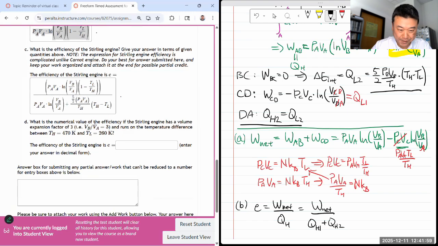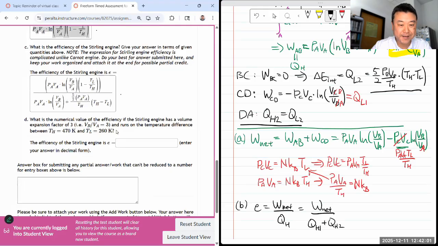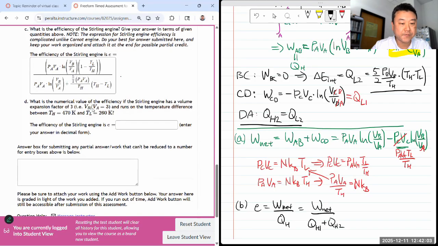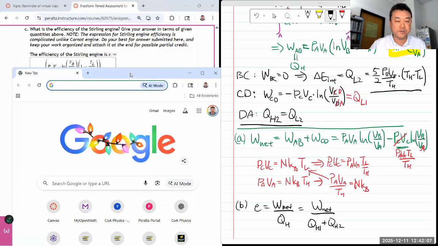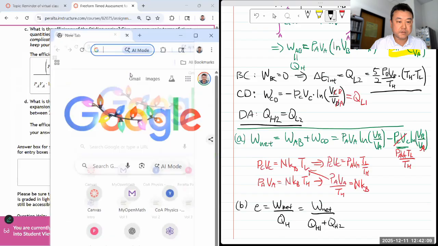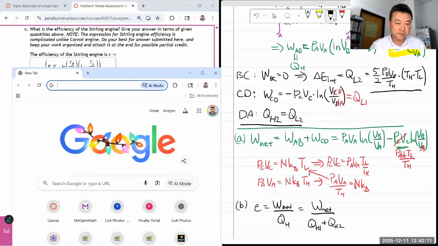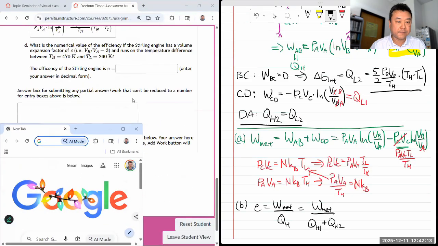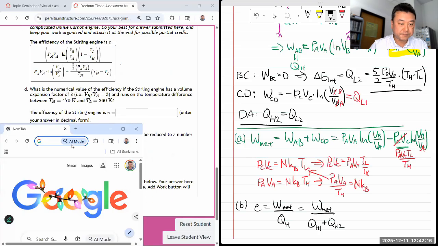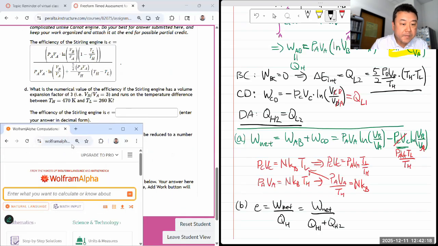Now, what is the numerical value of the efficiency if the Stirling engine has a volume expansion factor of that? Okay, all right, so let's plug that into Wolfram Alpha. PA VA is in every single term, so it'll cancel out.